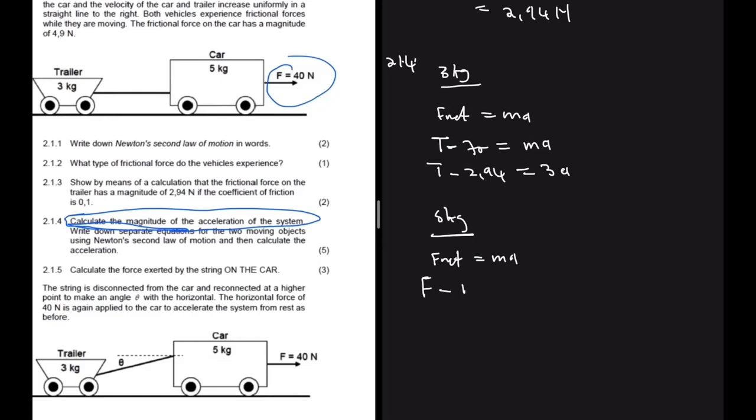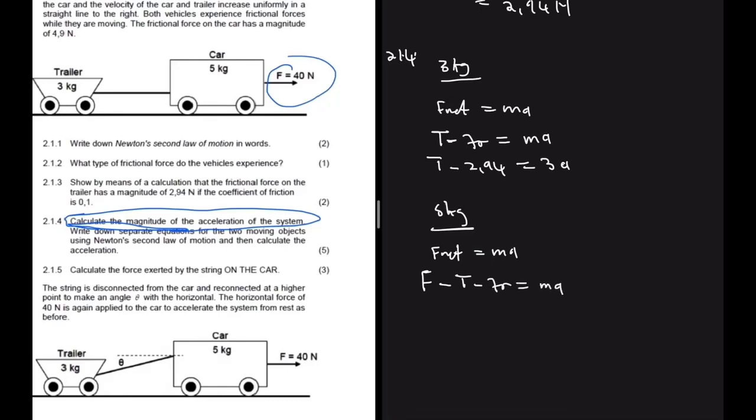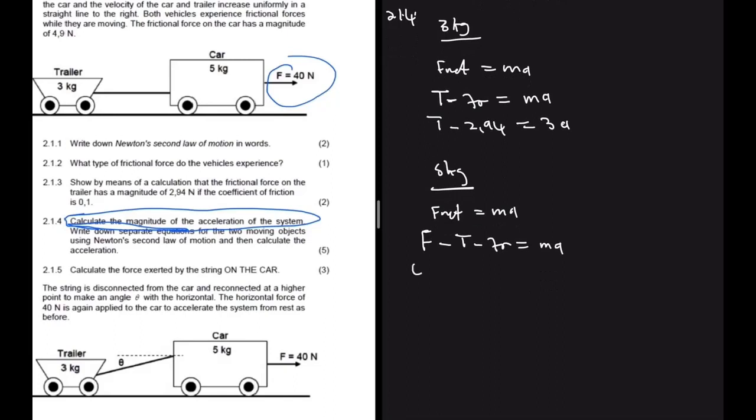We have tension that is opposing on the car, right, because it's being pulled by the trailer, and then we also have the frictional force acting on the car, which is all equal to ma. And then the force that is applied is 40 Newton, and then the tension is unknown, and the frictional force acting on the car is given as 4.9 Newton. So we're going to have 4.9, which equals 5 multiplied by A.